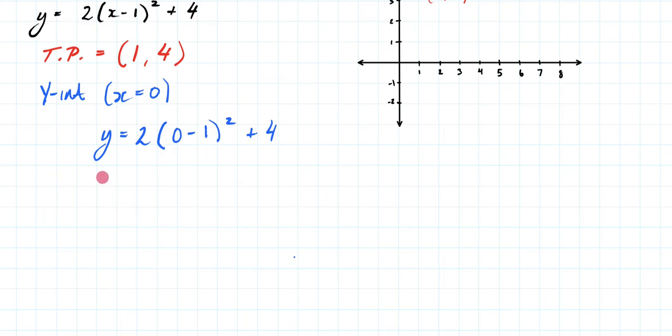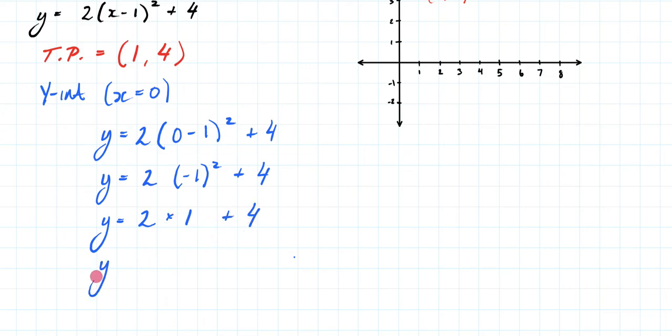So I'm going to end up having y equals 2 negative 1 squared plus 4. Negative 1 squared is going to be 1. This is timesing, and then plus 4. 2 times 1 is 2 plus 4. My y-intercept is going to be at 6.